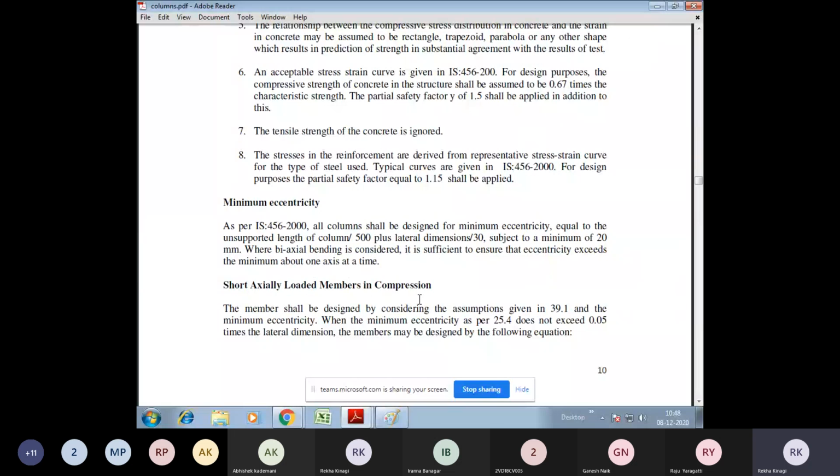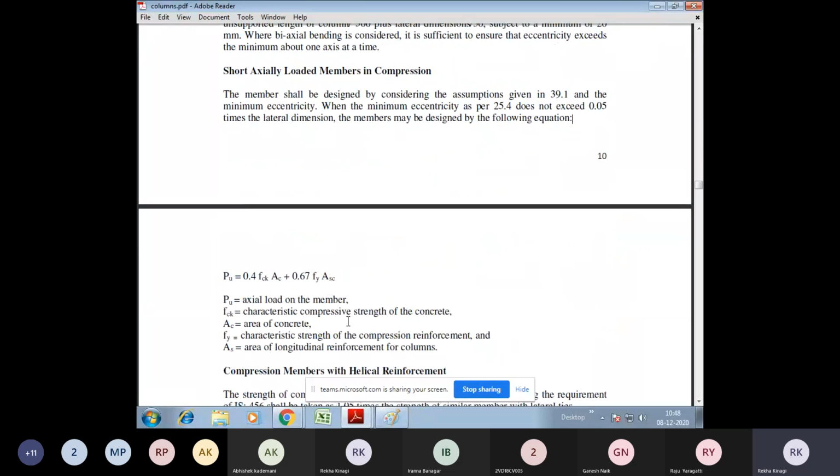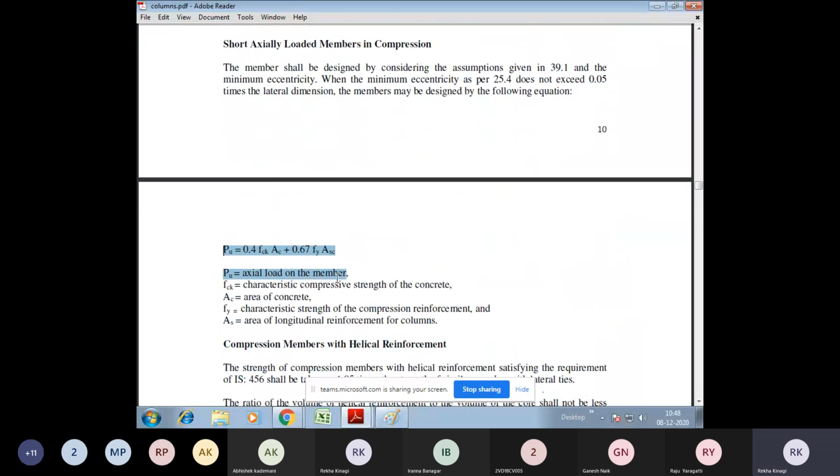And short axially loaded members in compression. The member shall be designed by considering the assumptions of the code book and the minimum eccentricity as we have just studied in this codal provision, and it does not exceed 0.05 times the least lateral dimension. And to use that, we have this equation to consider, that is Pu is equal to 0.4 fck into Ac plus 0.67 fy into Asc.